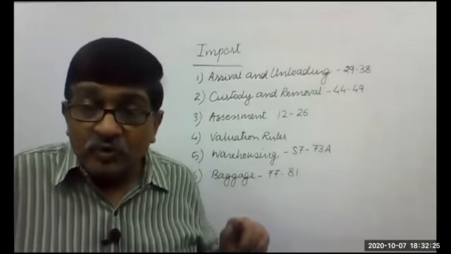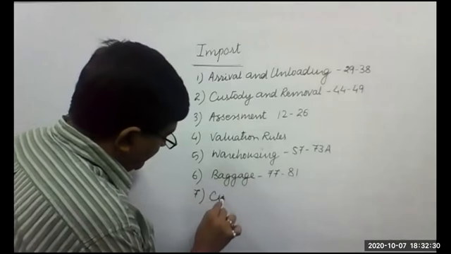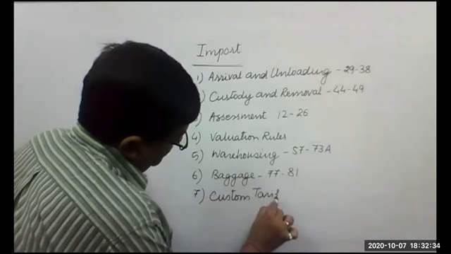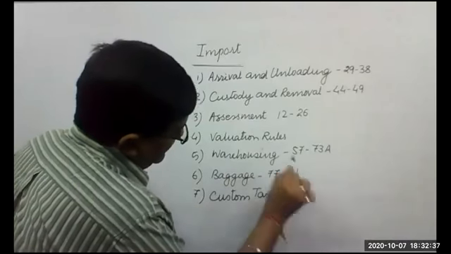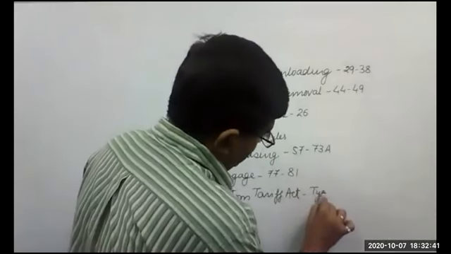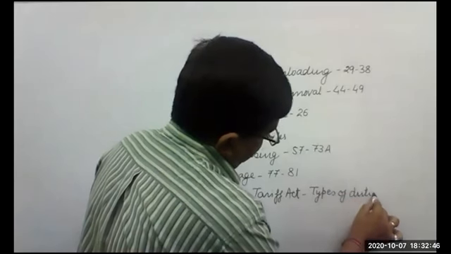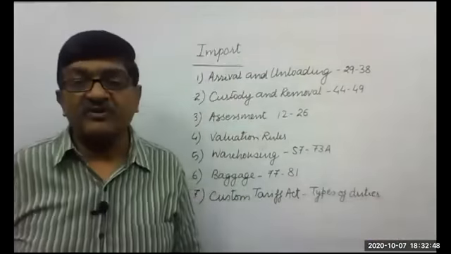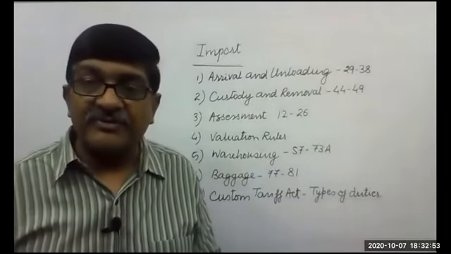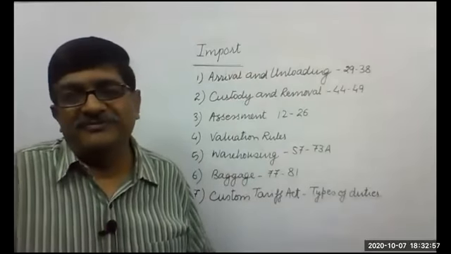And we also have to cover in this chapter itself the Customs Tariff Act, that is, types of duty. Right. So almost the entire syllabus up to section 90 will be covered when we have covered all this.